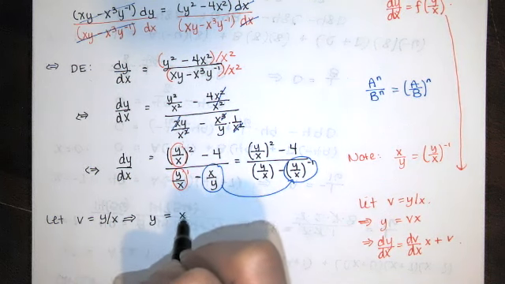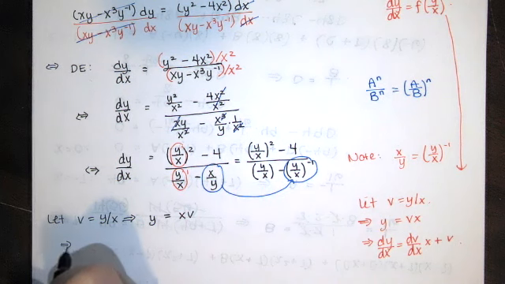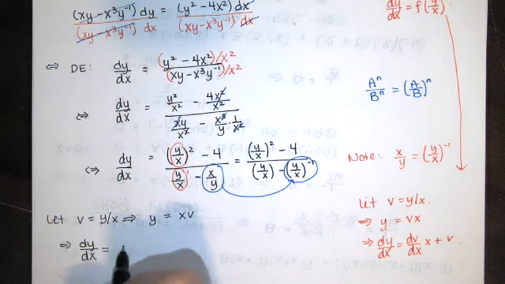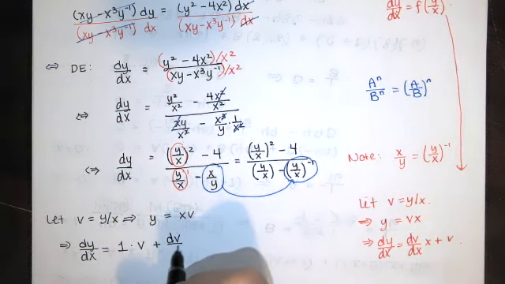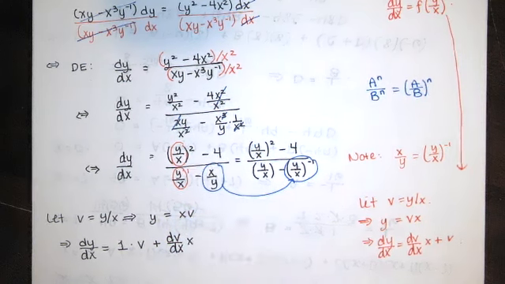Multiplying both sides by x, and then differentiating using the product rule. Derivative of the first in this case is 1 times the second plus derivative of the second times the first.